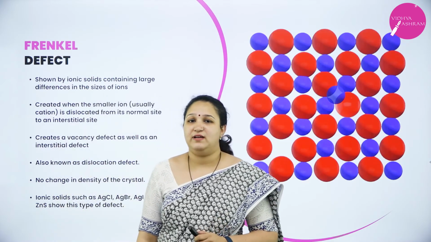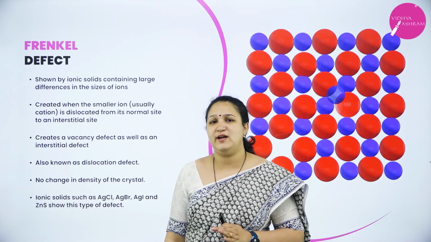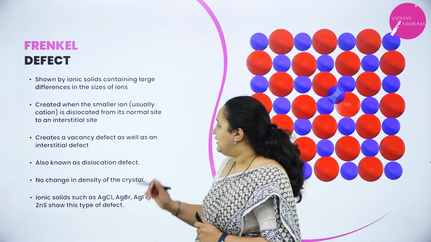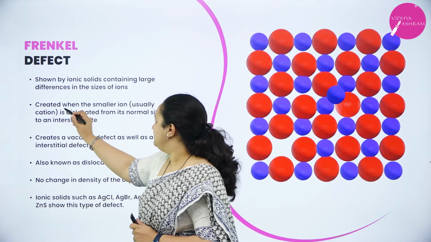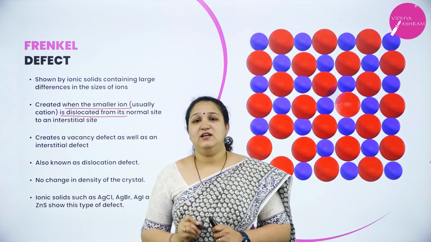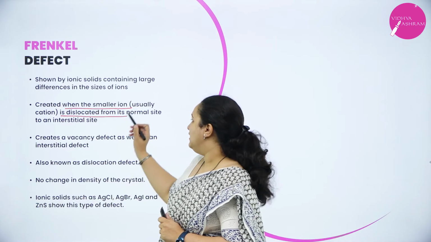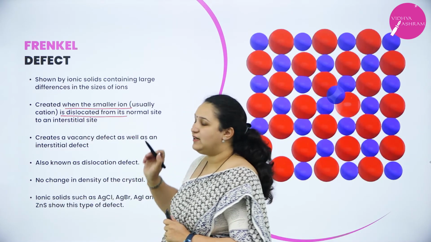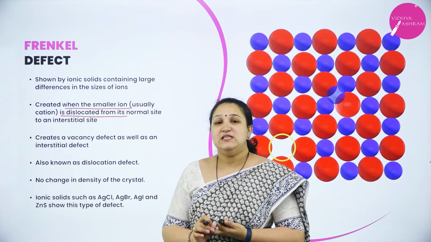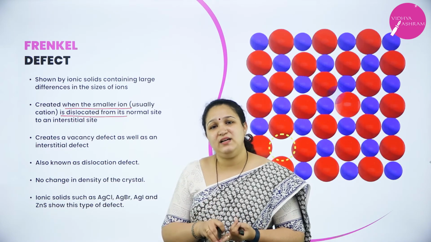Frenkel defect. Even Frenkel defect is shown by which kind of solids? Ionic solids or ionic compounds. Frenkel defect is created when smaller ions are dislocated from their normal site to an interstitial site. See, in Frenkel defect you can observe both vacancy defect and interstitial defect.